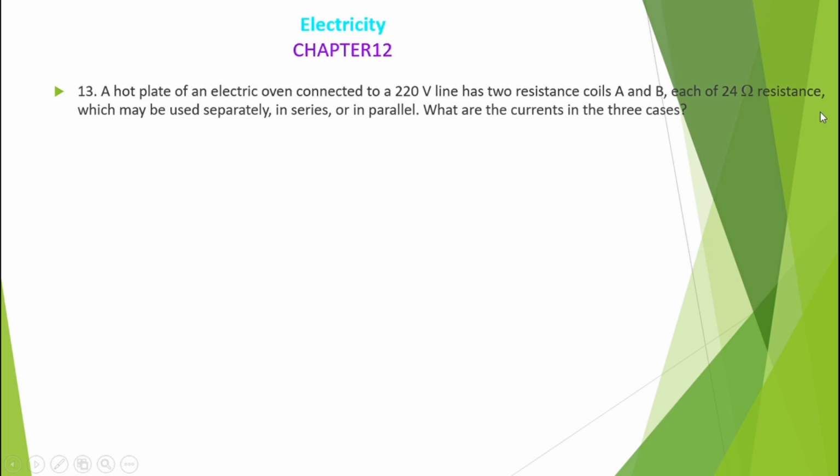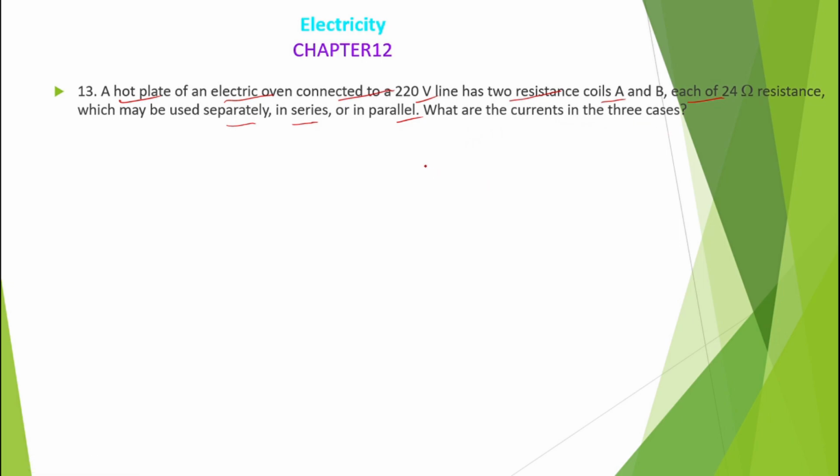So here he is asking: a hot plate of an electric oven connected to a 220 volt line has two resistance coils A and B, each of 24 ohm resistance, which may be used separately, in series and in parallel. So what are the currents in the three cases?